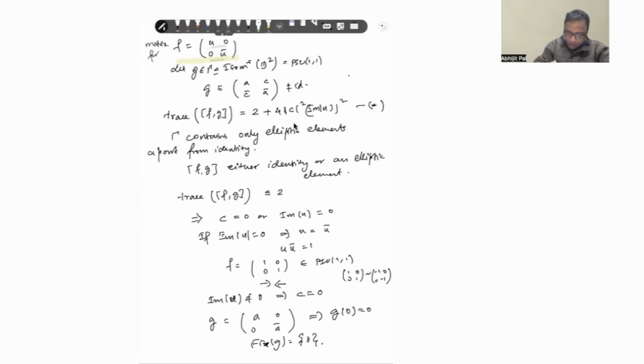Now let us take an isometry of this unit disk such that this g belongs to gamma, and let us take g to be not equal to identity.